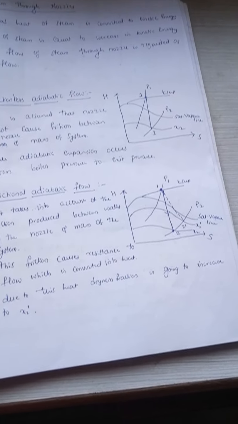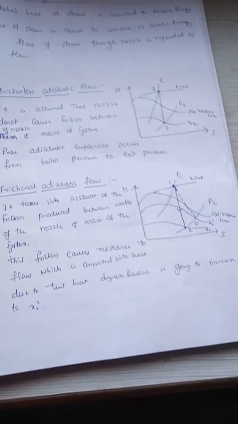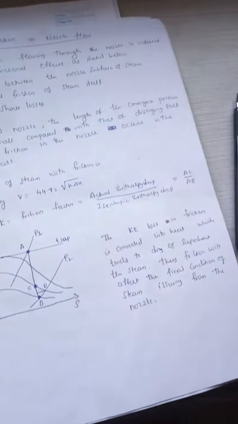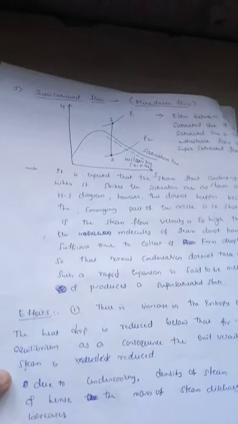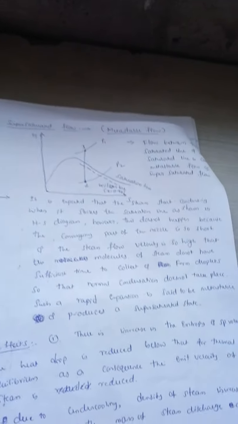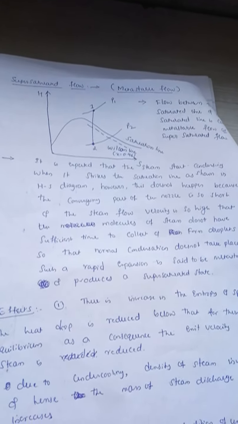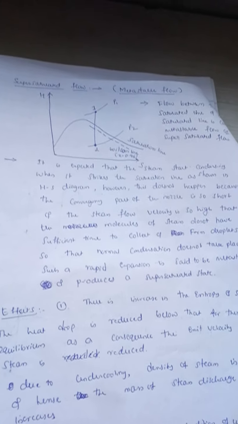One more flow is supersaturated flow. Let me just explain. This is the type of HS diagram. That is the saturation line, and one more line is drawn at x equal to 0.96, that is the Wilson line.